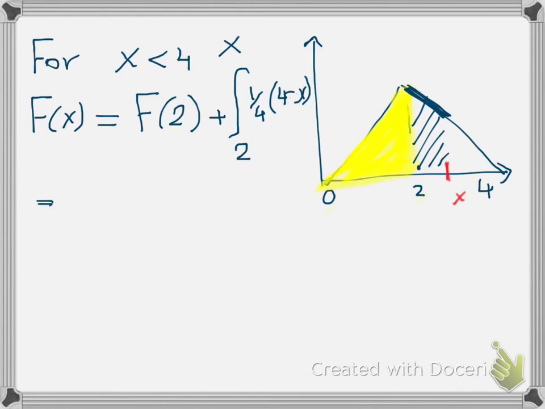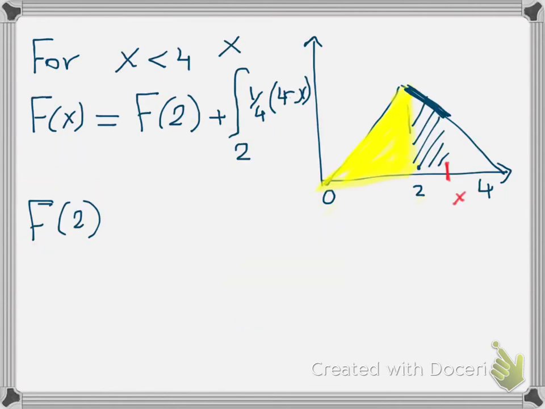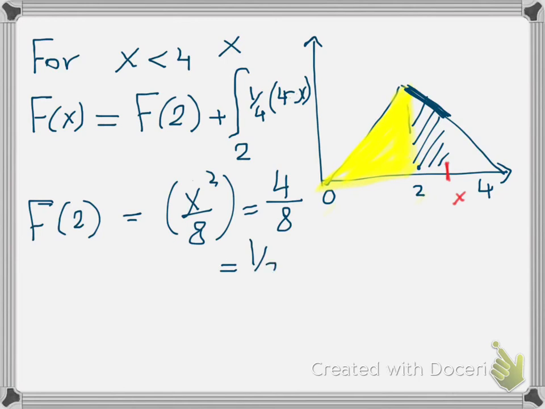So F capital of 2, you can get it because the cumulative for x less than 2, you got as x squared over 8. So substitute: 4 by 8, which is equal to 1/2. This is F capital of 2, the cumulative of 2. But we want now this one.